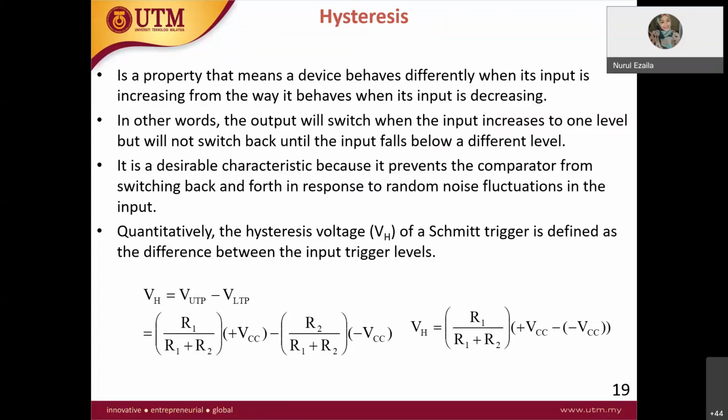It is a desirable characteristic because it prevents the comparator from switching back and forth in response to random noise. You can calculate the hysteresis voltage VH of the Schmitt trigger, which is equal to VUTP minus VLTP, whatever values you got for VLTP and VUTP.